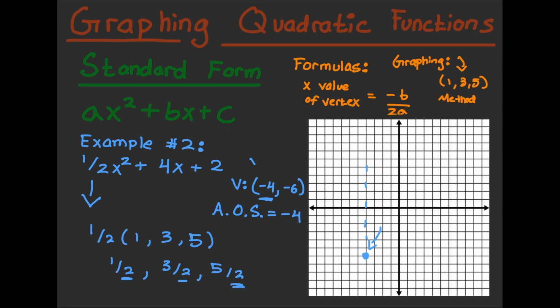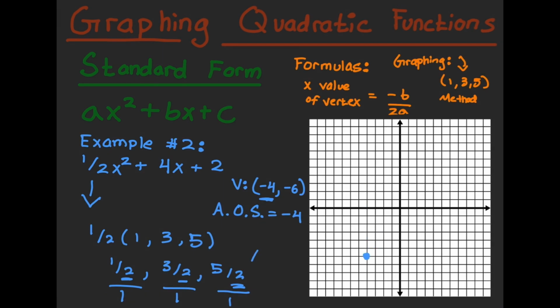1/2 times 1 is 1/2, 1/2 times 3 is 3/2, and 1/2 times 5 is 5/2. We will now put all of these values over 1 and use them to plot the rest of our points. On the screen, you can see these points slowly being plotted.